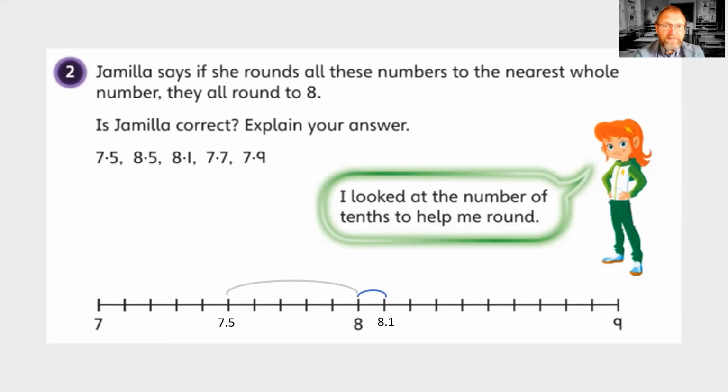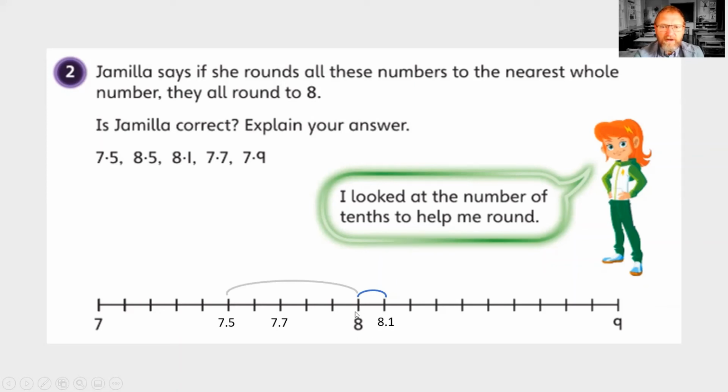Let's look at the next number, 7.7. We're putting that on our number line, and we can even count up 7.1, 7.2, 7.3, 7.4, 7.5, 7.6, 7.7. What is the nearest whole number?